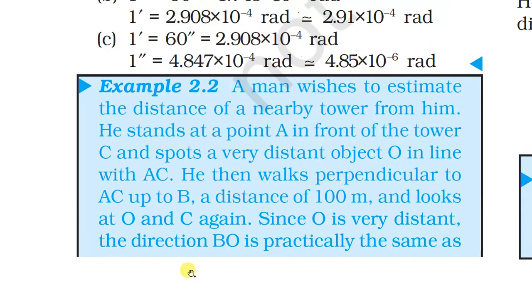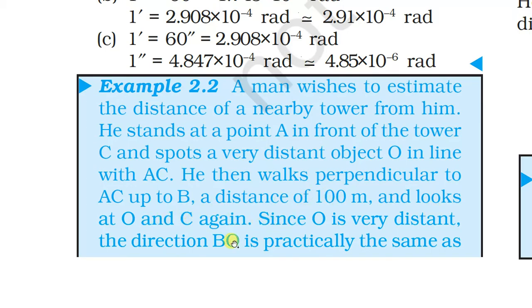A man wishes to estimate the distance of a nearby tower from him. He stands at a point A in front of the tower C and spots a very distant object O in line with AC. He then walks perpendicular to AC up to B, a distance of 100 meters, and looks at O and C again.